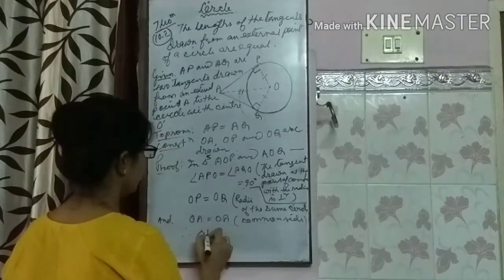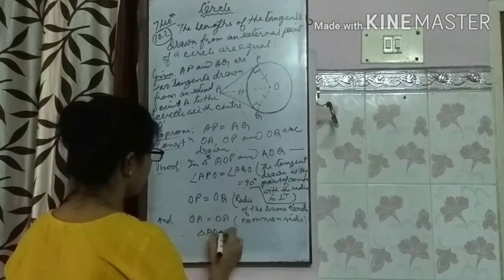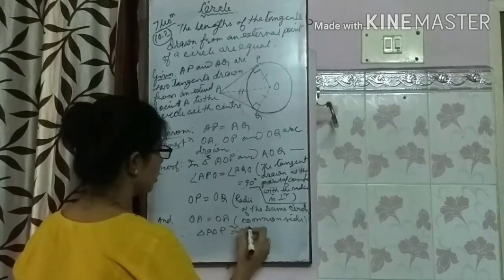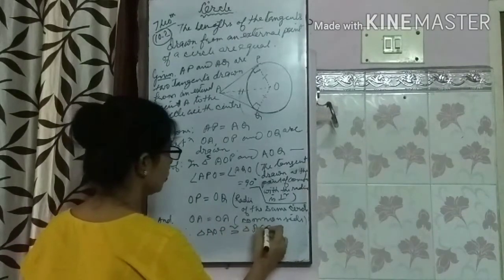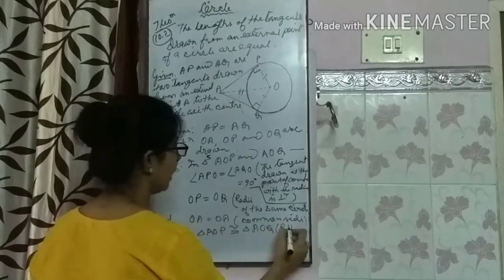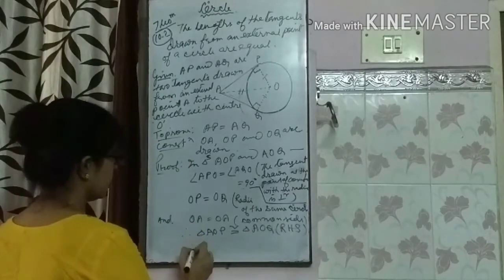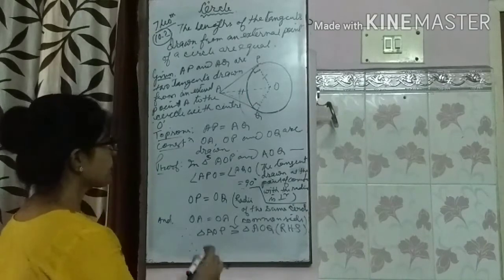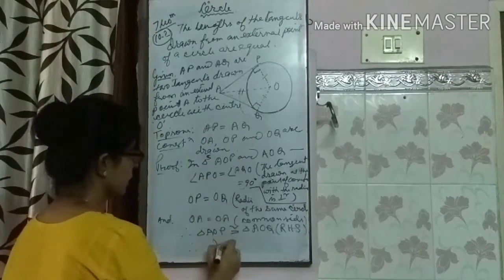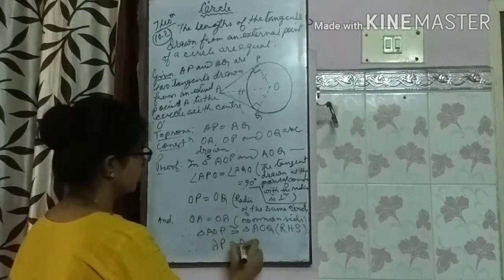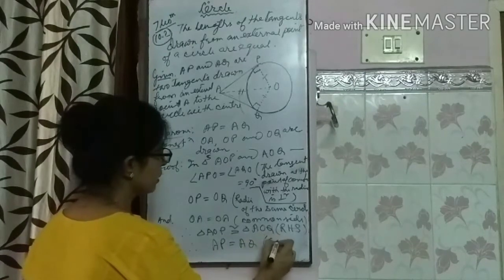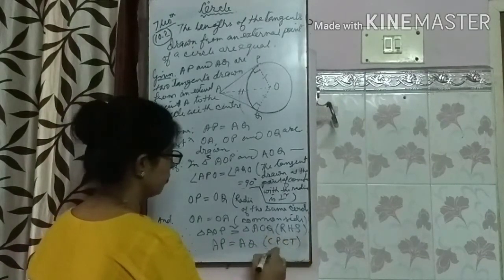Therefore, triangle AOP is congruent to triangle AOQ by RHS rule. Therefore, AP is equal to AQ by CPCT.